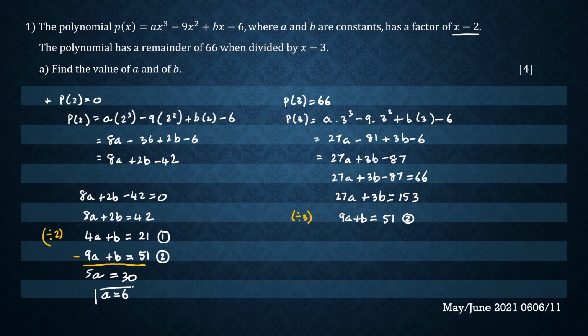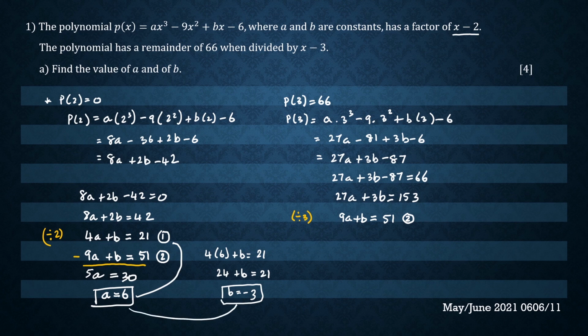This is your first answer. We will substitute back into equation 1 and we can find b. So we'll have 4a, and a is 6, plus b equals 21. So we'll have 24 plus b equals 21. So b will be equal to -3. And we need these two answers for the second part.